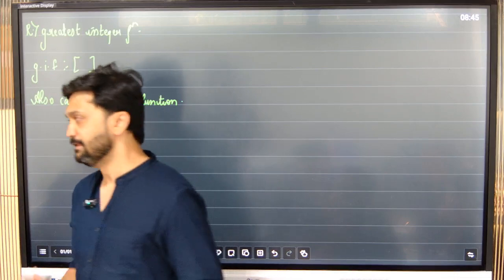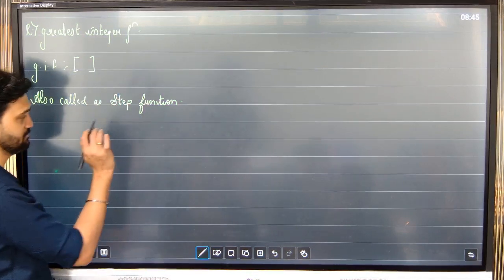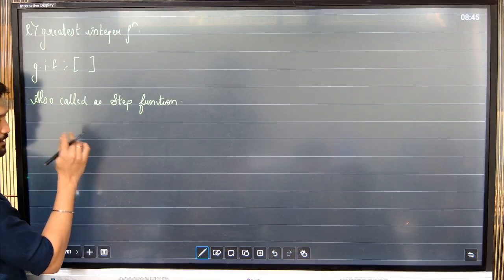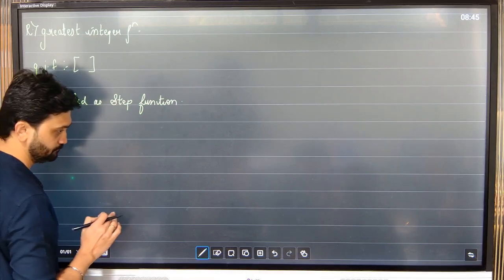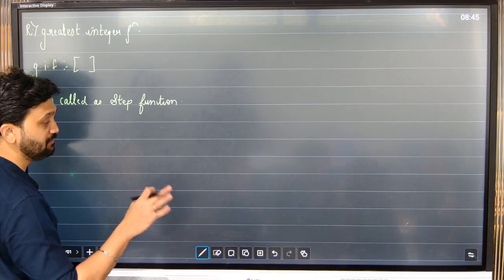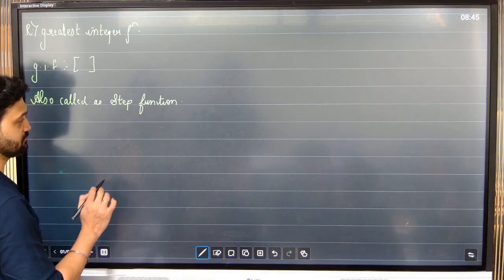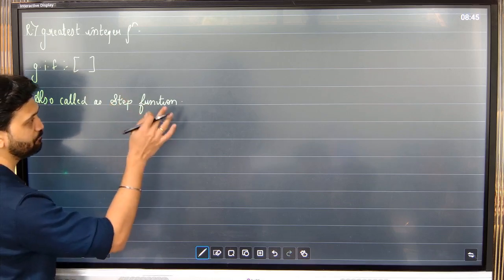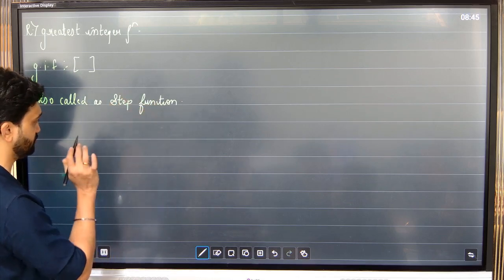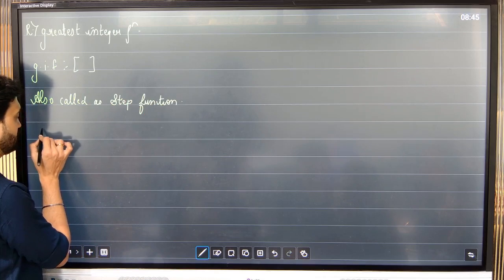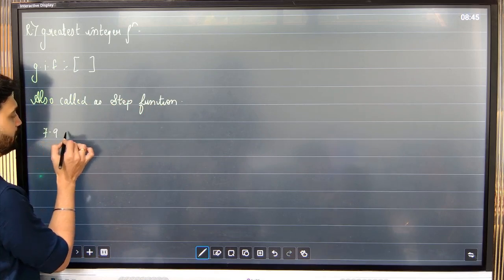What you understand by greatest integer function is that every value will lie between or including two integers. For example, if someone asks me, what can you tell about 7.9?